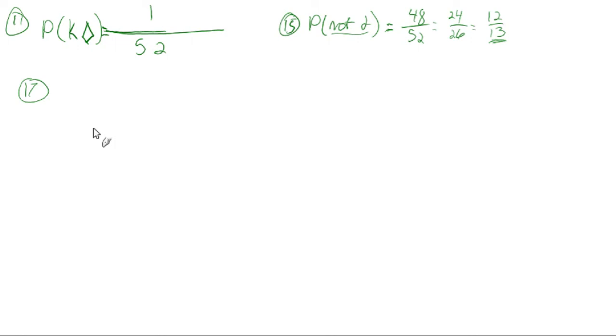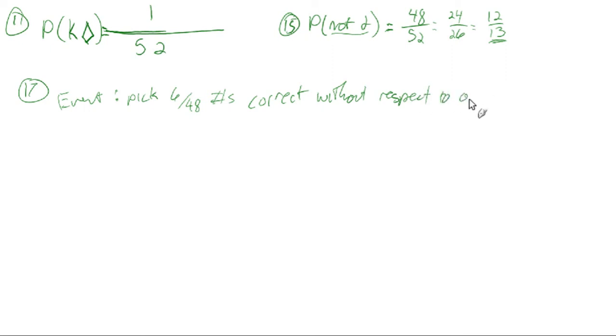So what are we gonna do here? Looking at the rules. Assume the numbers are picked randomly. You must correctly pick 6 out of 48 numbers. The order of the numbers is not important. Let's go back to that specific definition of probability, and that is, first you need to know the event. So the event is: pick 6 out of 48 numbers correctly, without respect to order.